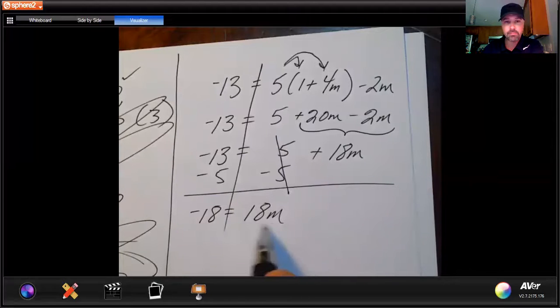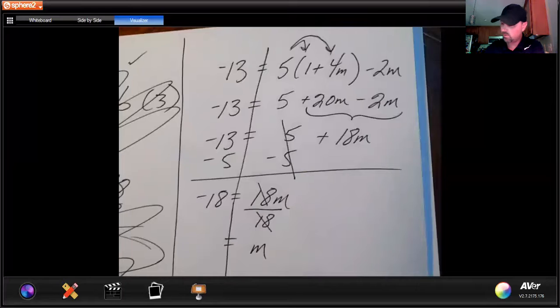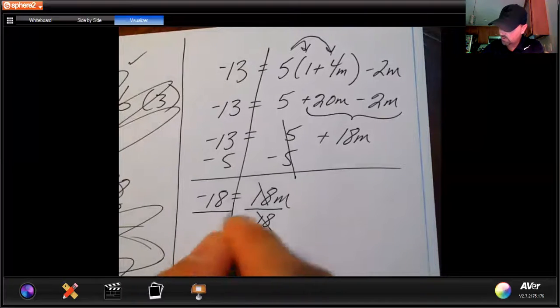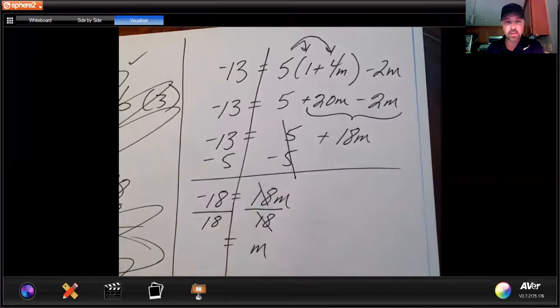Last step, undo this multiplication by dividing. 18 divided by 18 is 1m. Bring down your equal sign. And what we do to one side, we do to the other. So negative 18 divided by 18 is a negative 1. M is equal to negative 1.